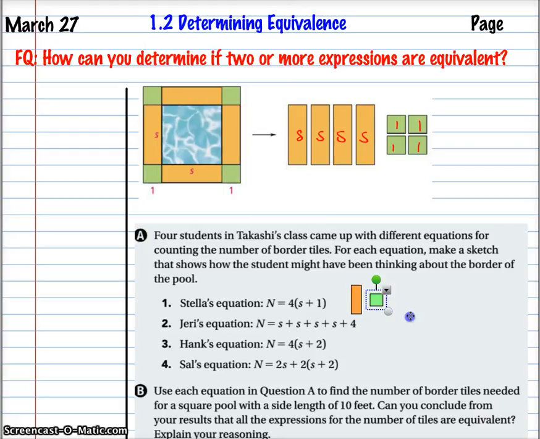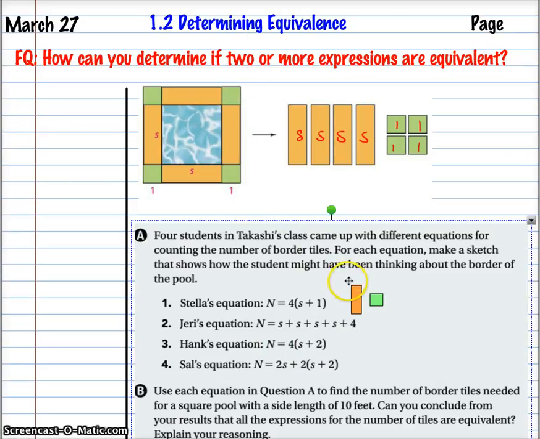Cool. All right. So there's my S plus 1, and then I'm going to multiply it by 4. So that one is my S plus 1, and it says times 4. Okay. Now this times 4 part, well, I don't know if that really counts. That's kind of like doing the math in there. So what I'm going to do is I'm going to make 4 groups of that.